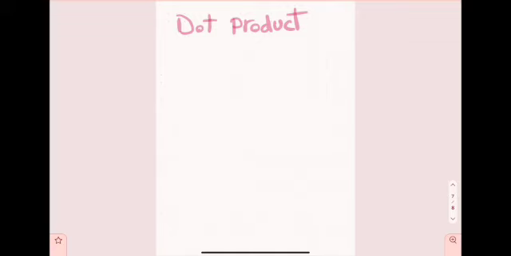So let's first remind ourselves how we can show a vector in a 3D Cartesian coordinate. Imagine here we have our three-dimensional coordinate, which I show with x, y, and z.